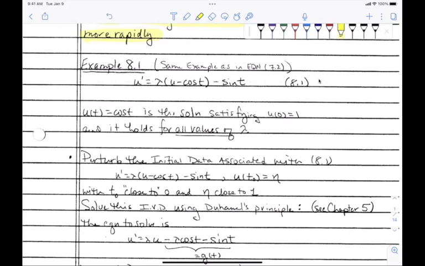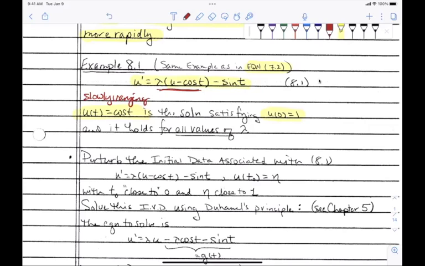If you recall from equation 7.2, this ODE has the solution cosine t, with this little initial condition for now. This is what we refer to from above as the slowly varying solution, cosine t.